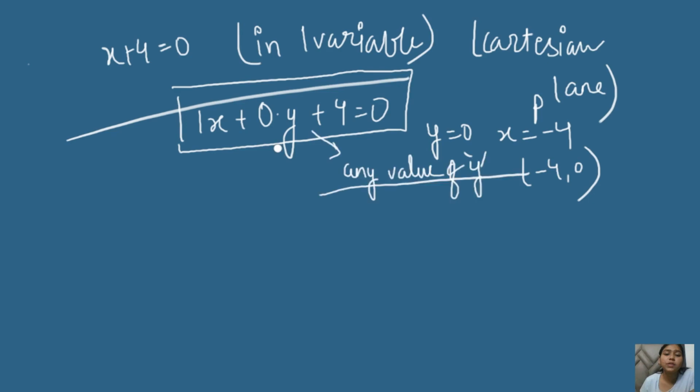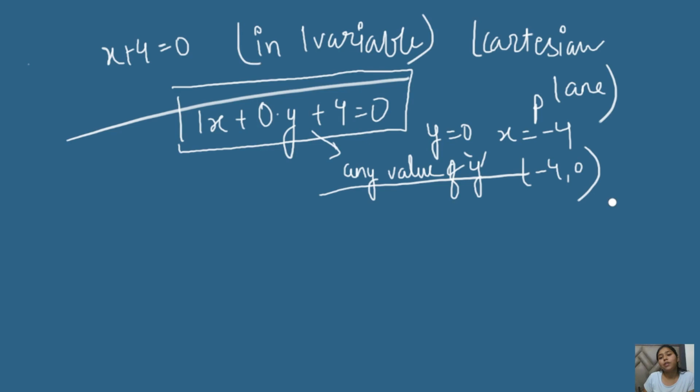Since it is always multiplied by 0, you will always get 0. So you can also take other points. For example, y can also be equal to 1, because if we multiply any value of y with 0, we will always get 0.